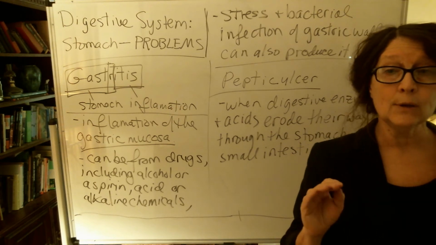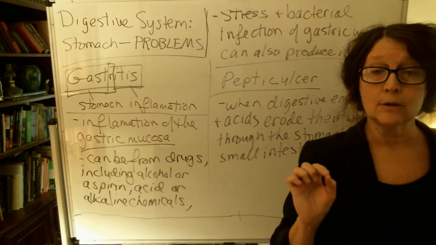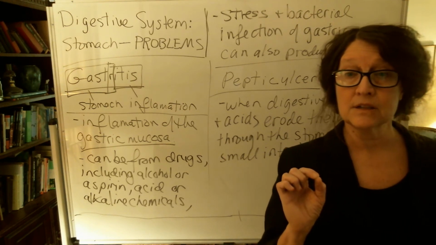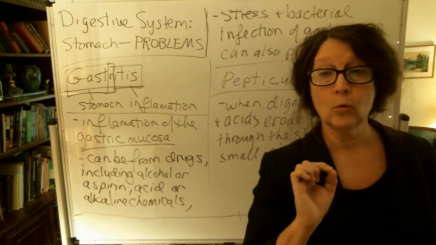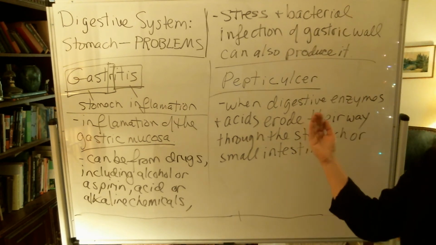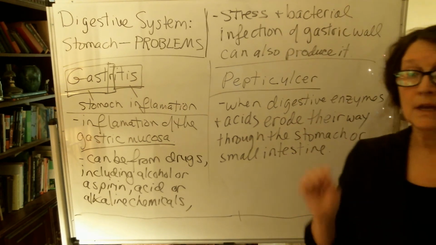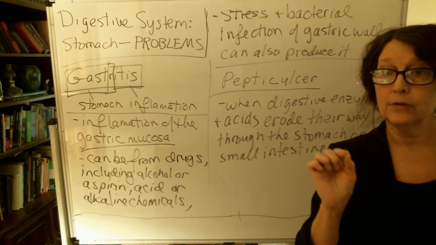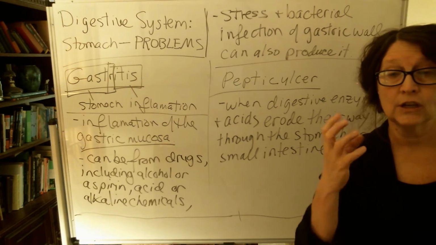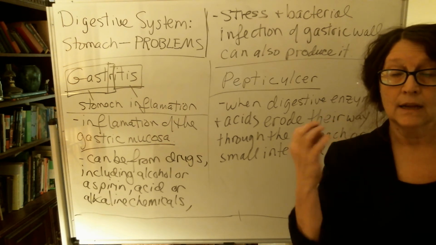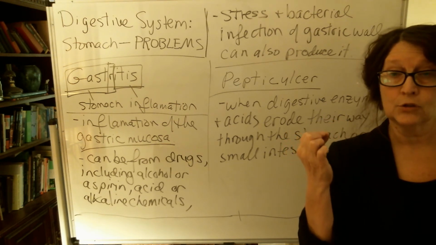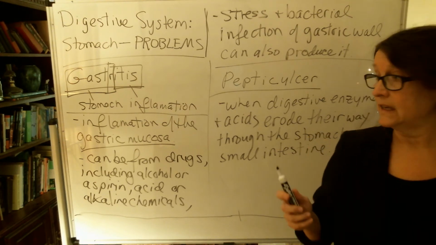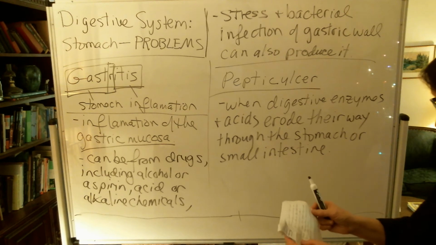So we usually wind up being protected from the acids and the digestive chemicals in our stomach and small intestine, but not always. So every now and then you can wind up with a particular small portion of the stomach or small intestine where there's some kind of an irritation that then allows the digestive chemicals to get in and start eroding the wall of the intestine or the wall of the stomach.